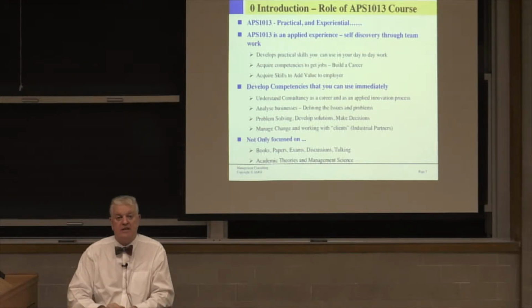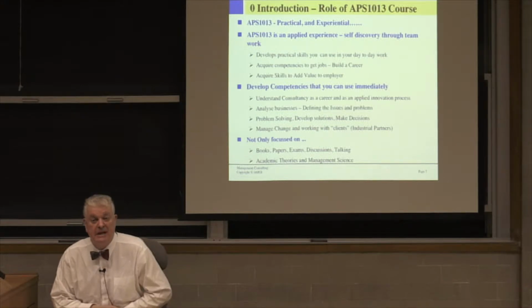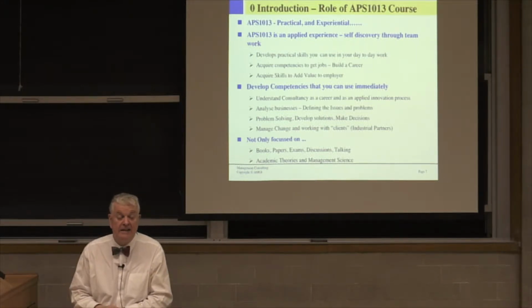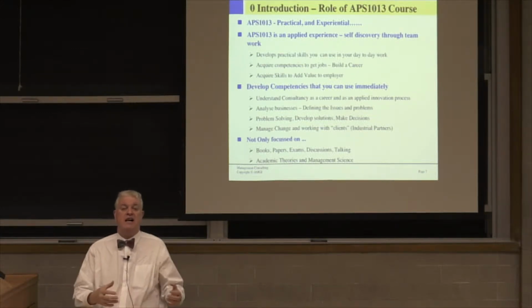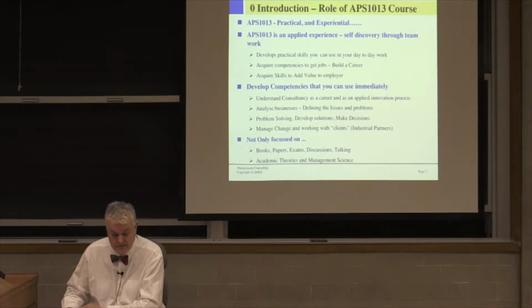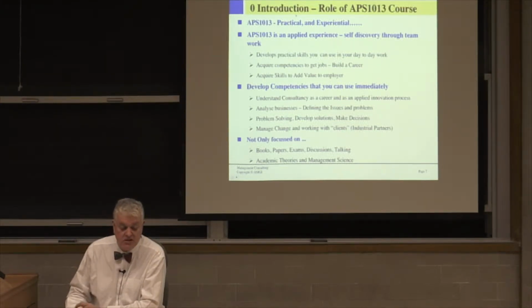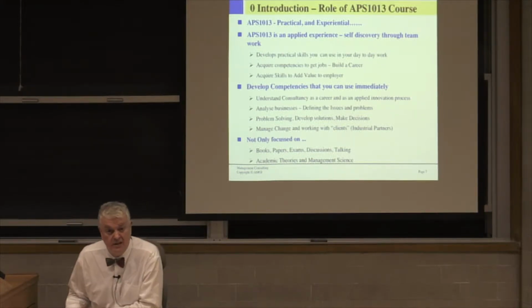But this course is actually preparing you. If you take those courses, APS 1012, Management of Innovation, and Applying Innovation, or the one in the aerospace industry, or operations management, this actually shows you how you can use that stuff as a professional practitioner in the consulting industry. So this course, APS 1013, actually gives you practical hands-on skills and experiential learning of what you would actually do if you were engaging with a company.